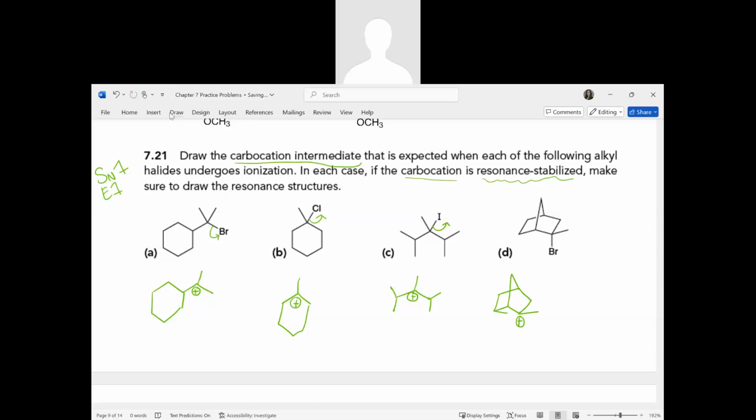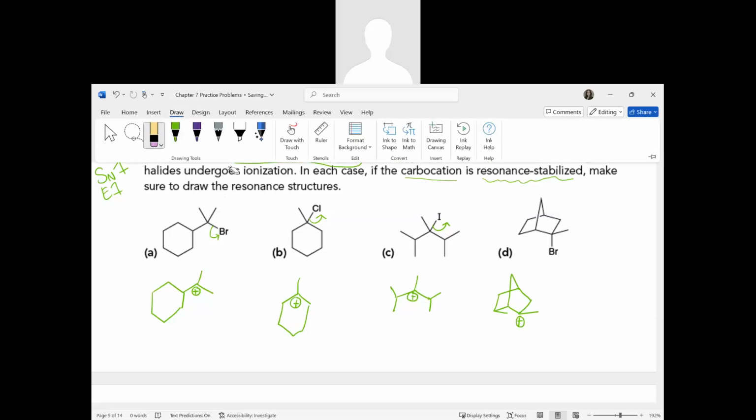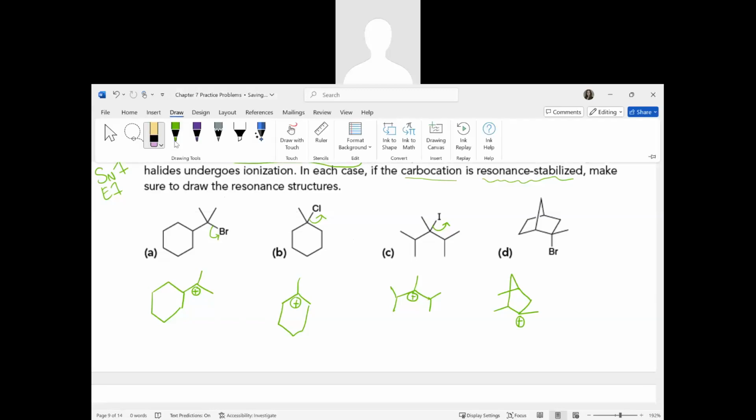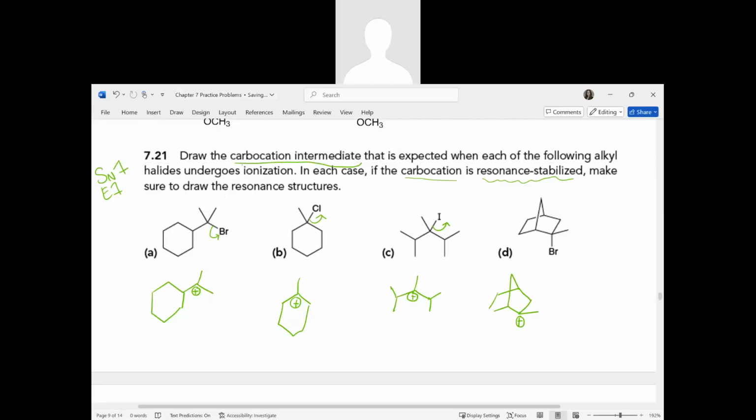And we'll remove this marking here. So these are all of the carbocation intermediates that will be generated without having resonance structures.